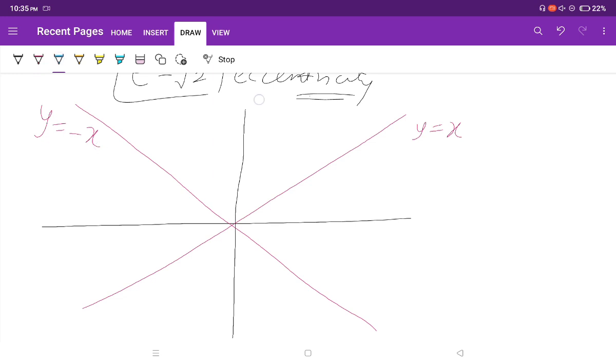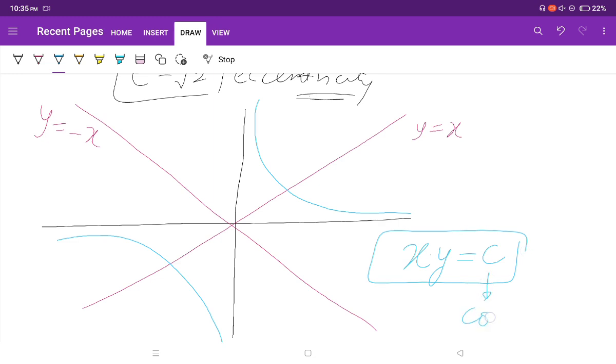So we will have a curve like this, which is another rectangular hyperbola with the equation x times y equals c, that is some constant c square, right?